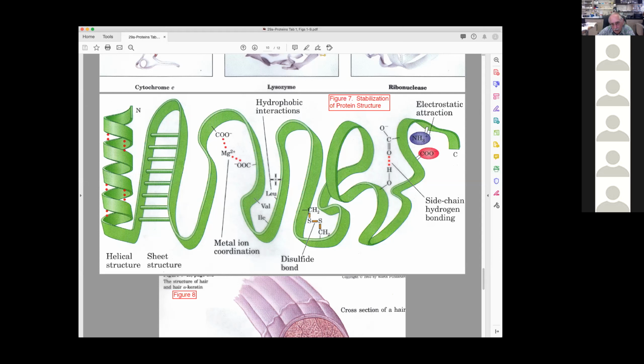Here is a region where you have a whole bunch of hydrophobic amino acids over here. So these are going to be soluble in themselves, okay? Especially if you have hydrophilic ones out here in contact with water. Here's a disulfide bond. Chemically, there's a covalent bond holding these two parts together right there.